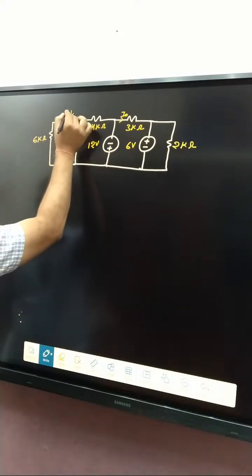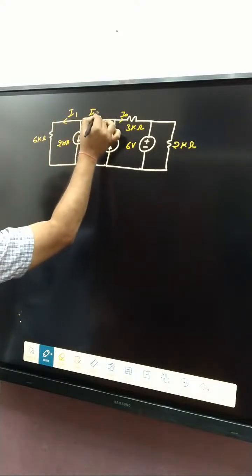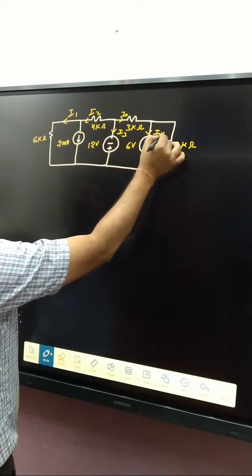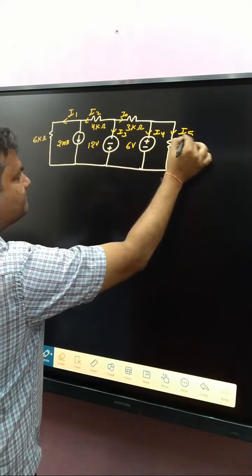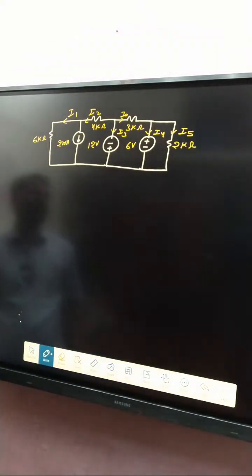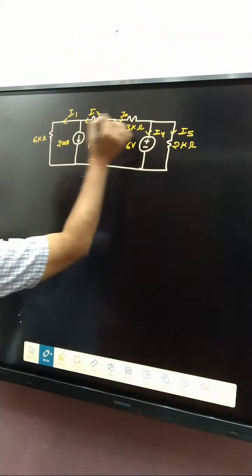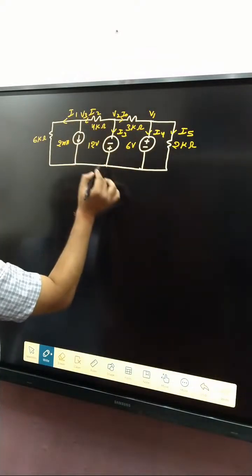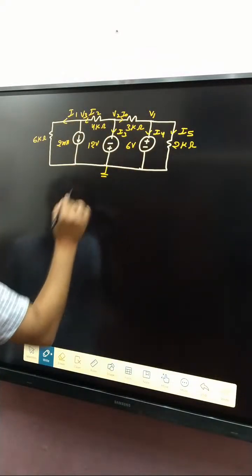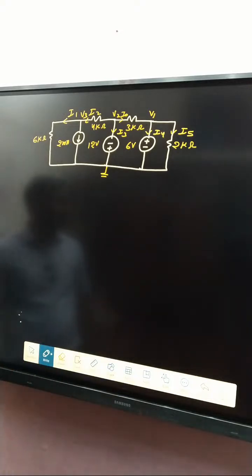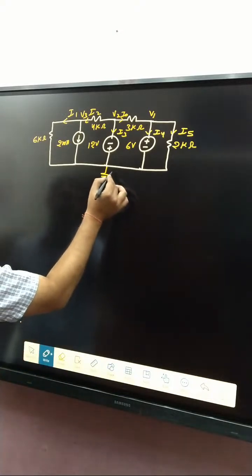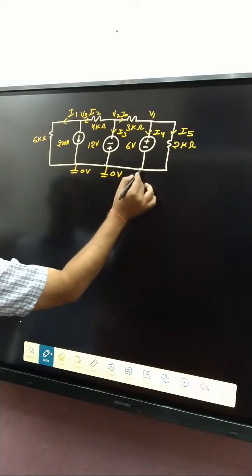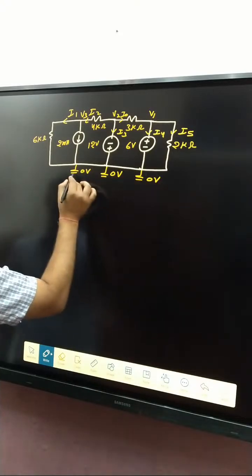Consider here I1, here I2, here I3, here I4, here I5. After that, node voltages, here V1, V2, V3, and that one is V4. And after that, decide one node as the reference node, so that is 0 voltage. So this one is also 0 voltage, and that one is also 0 voltage.